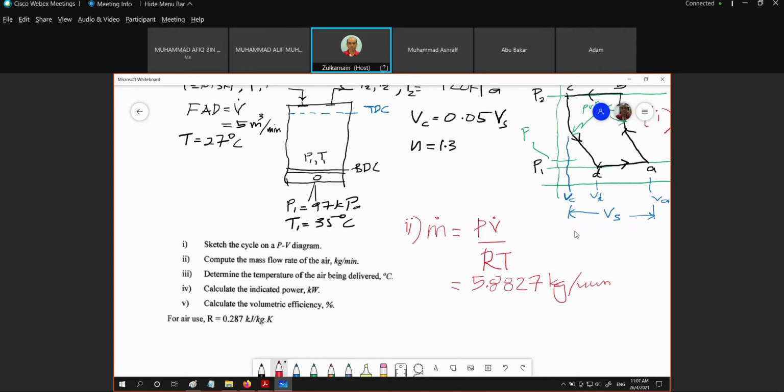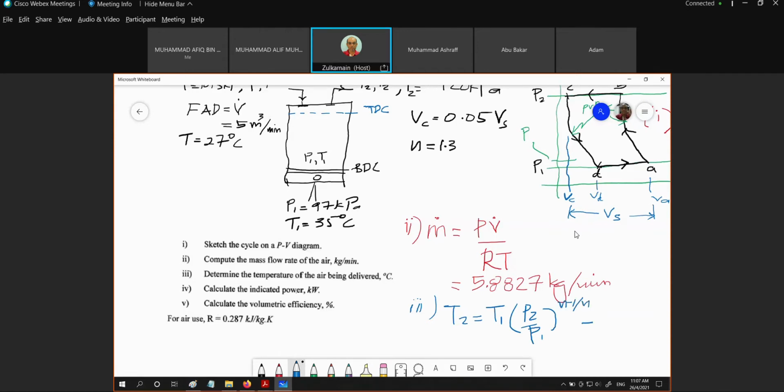And then number 3 is to get the delivered temperature, that is T2. What is T2? T2 is equal to T1 times P2 over P1 to the power of n minus 1 over n.